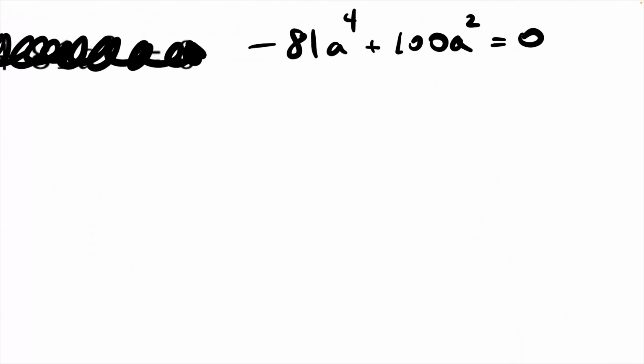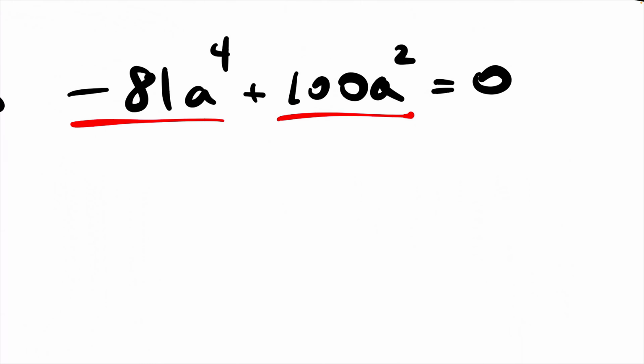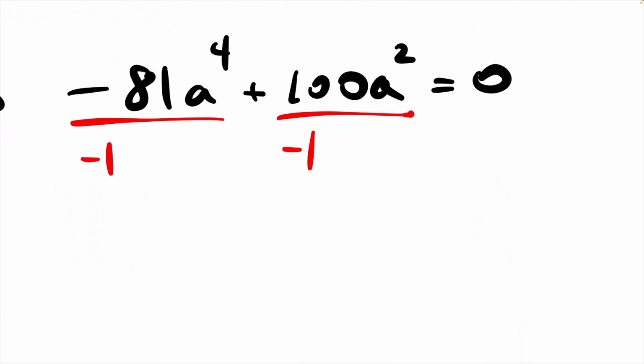Okay, so the powers go big to small, GCF. I need a positive in the front. So 81 and 100, there's no number besides 1 that goes into 81 and 100. But I need to change the first to positive, because rule 2 says leading term needs to be positive. And then I can take away 2 powers, right?